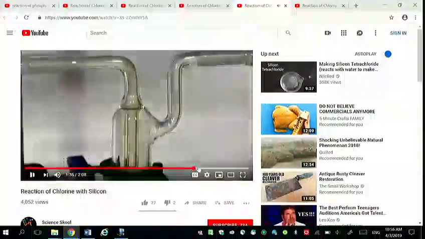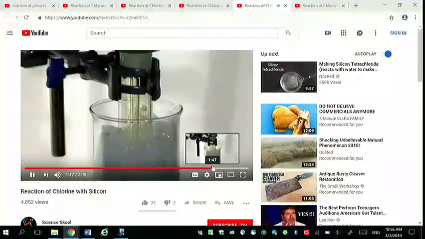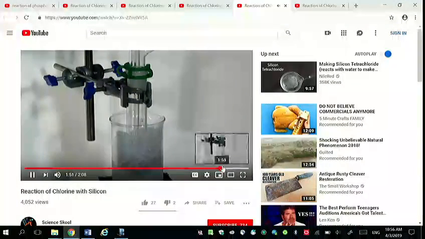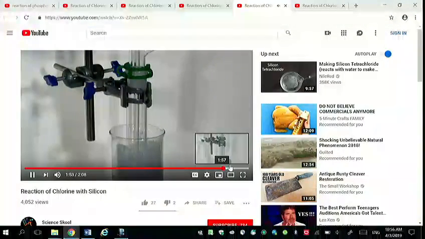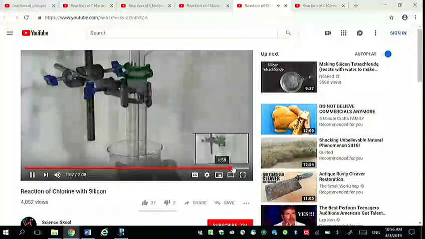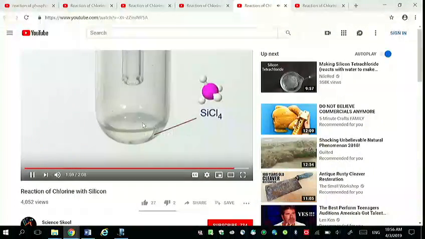If I cool it down to room temperature, what will be formed is SiCl4 in liquid state. Take note that the reaction of chlorine with sodium, magnesium and aluminium forms solids as the product. But for silicon, the product formed is actually a liquid. Can you take note of that?